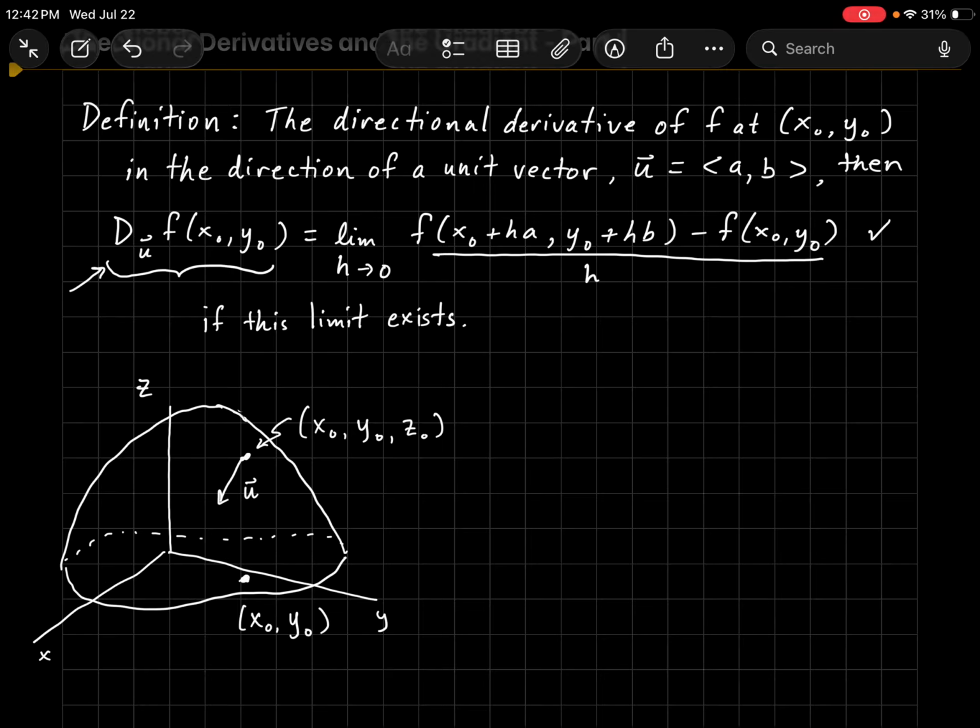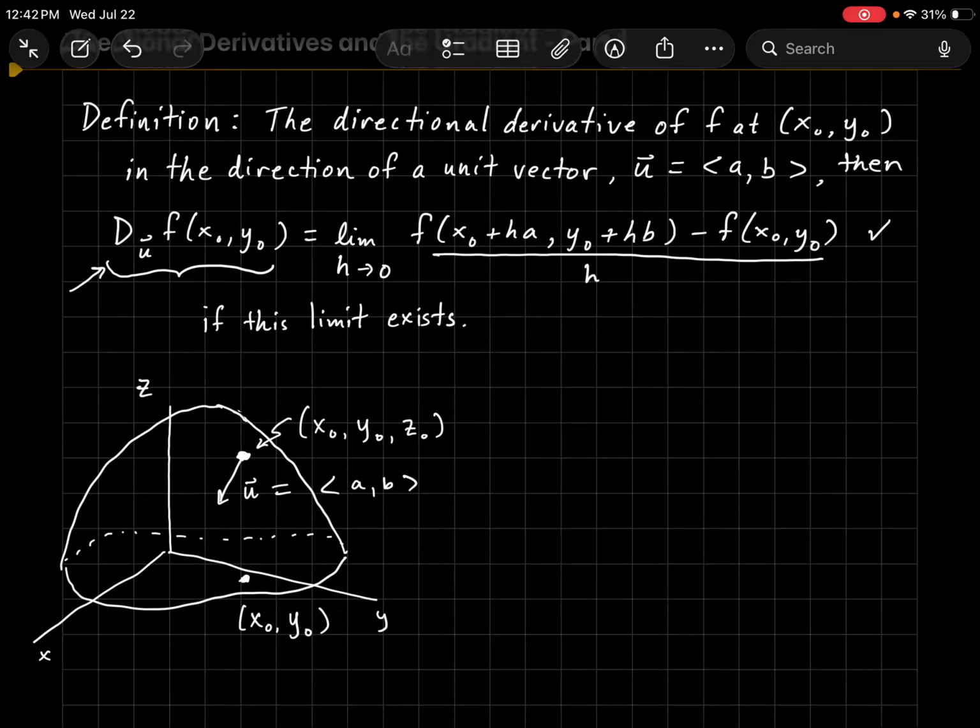Well, that's our directional derivative. But instead of saying I'm going east or whatever, I would say I'm going in the direction of a unit vector u, which we often write as a comma b. So if I was looking in that direction from that point, I would have a slope.